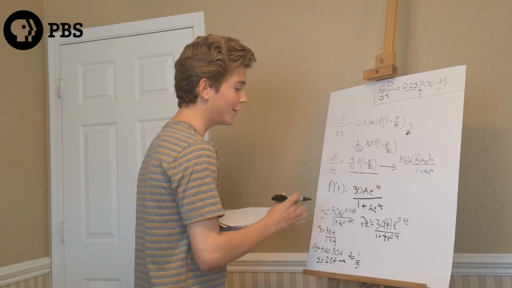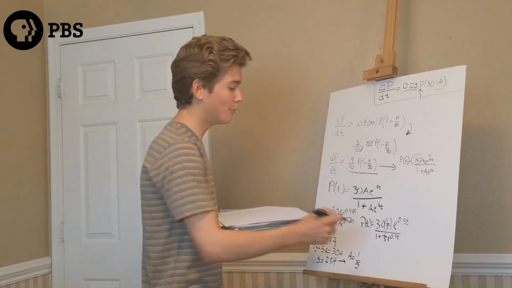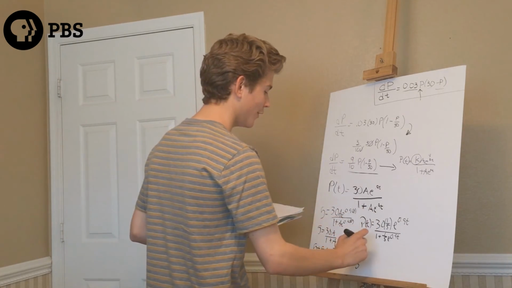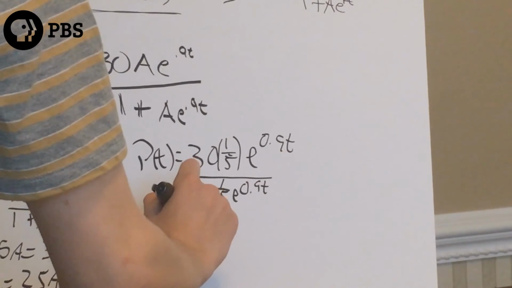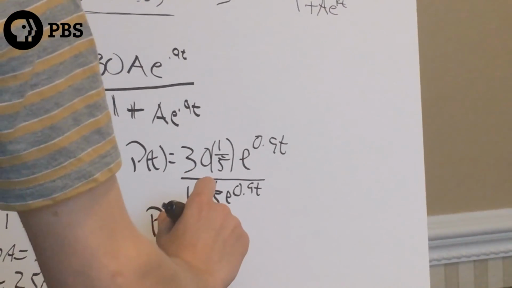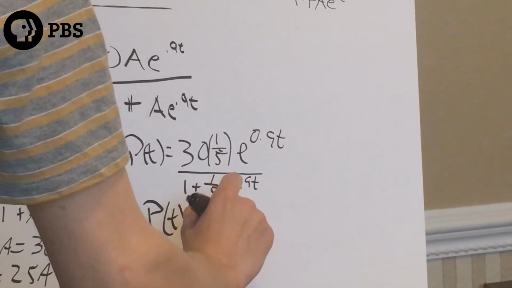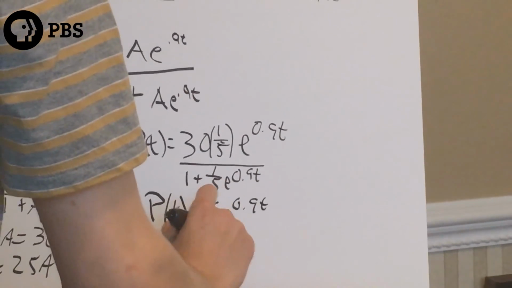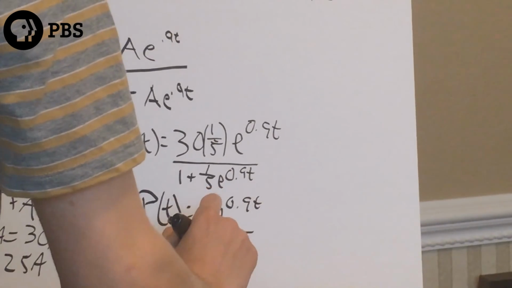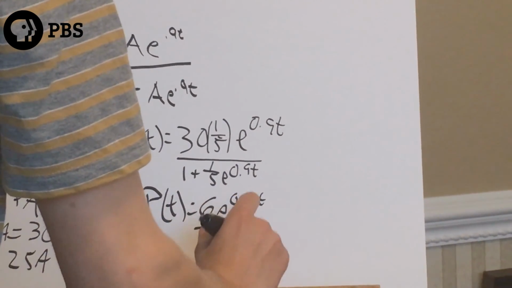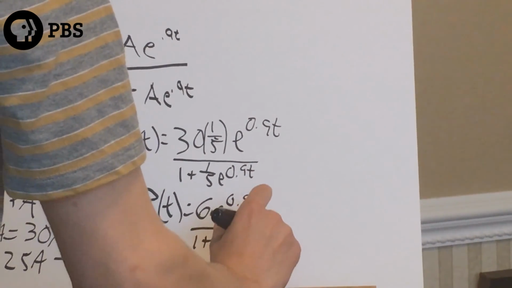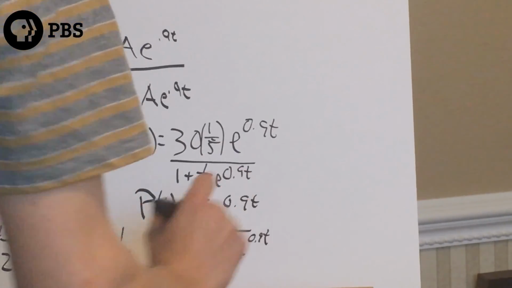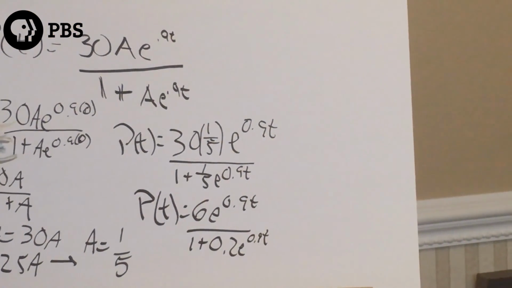We can simplify all this, multiply our 1/5 and change them to decimals and all that good stuff. We get this final answer of P of t equals 6 e to the 0.9t over 1 plus 0.2 e to the 0.9t. And that's your particular solution.